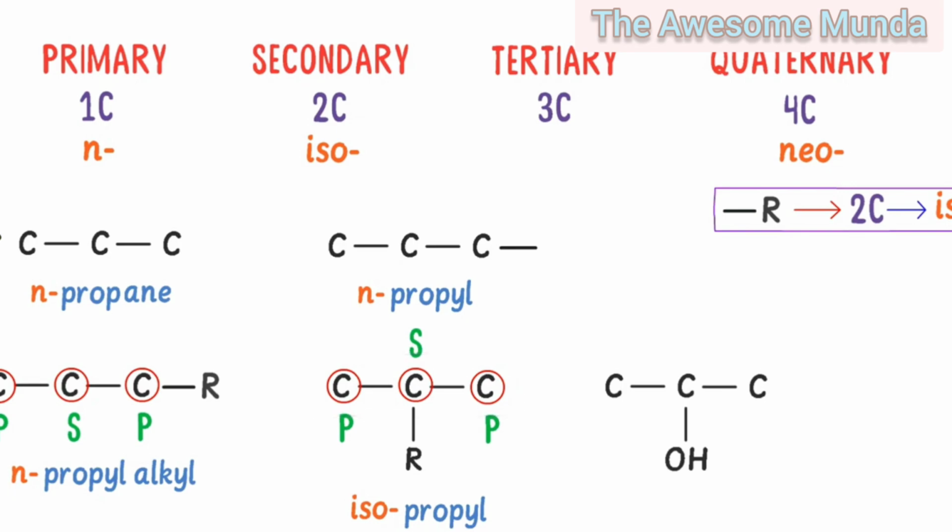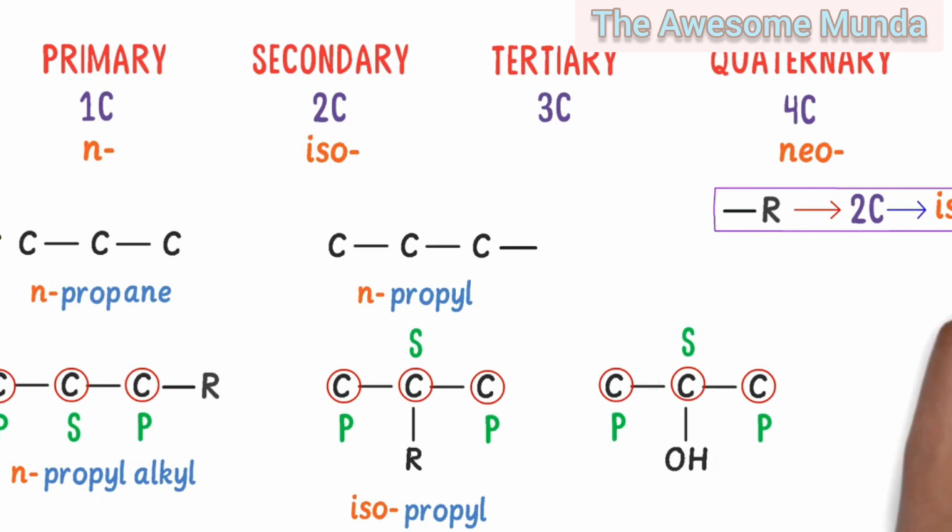So this is isopropyl. On the other hand, in this organic compound, this is a primary carbon, this is also a primary carbon, and this is a secondary carbon. Here, the functional group OH is bonded to secondary carbon. So how can we name it?